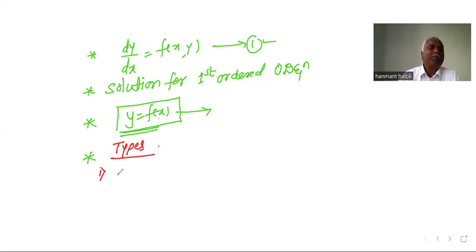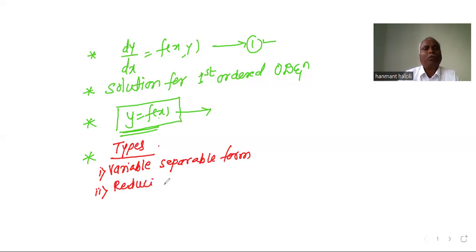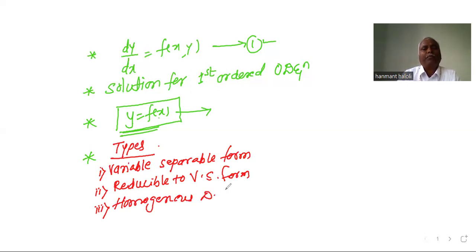The first important part is the variable separable form. This is one. Second form, reducible to variable separable form. Third, I'll take only the main types, homogeneous differential equation.